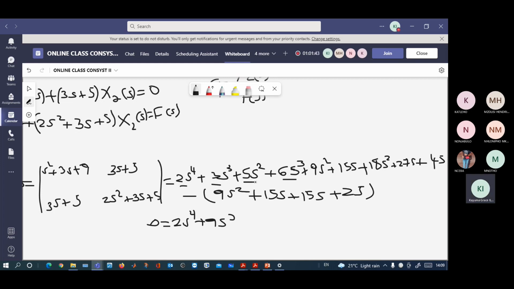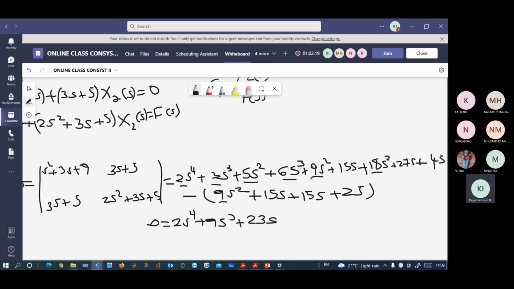For s squared we have 5s squared plus 9s squared, that gives 14s squared, plus 18s squared, so 32s squared, then minus 9, it gives 23. So delta is going to be equal to 2s power 4 plus 9s cube plus 23s squared.